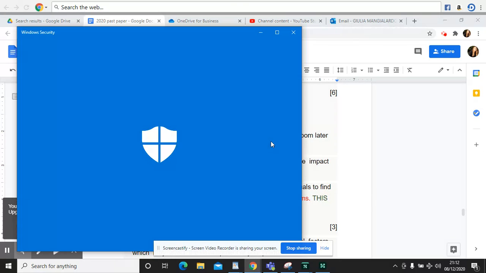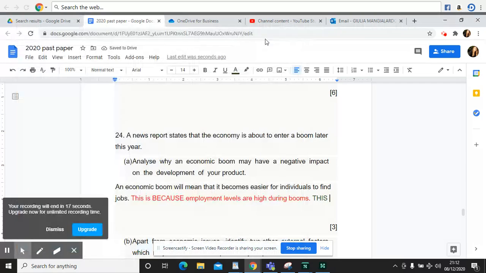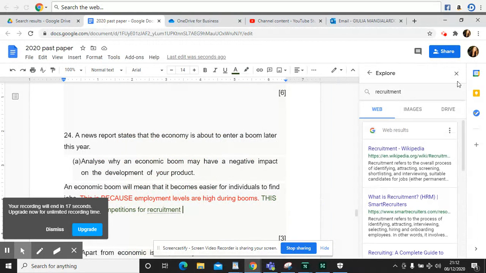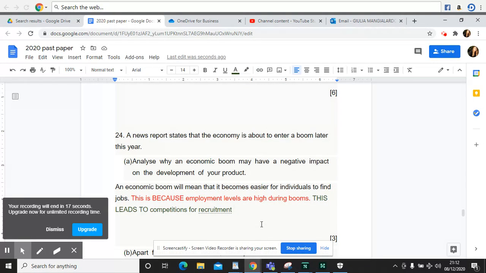This leads to competition for recruitment. Basically, if we have a lot of people looking for jobs, and there are a lot of jobs available in the economy, then these people searching for employment are going to go for the job that pays them the best.